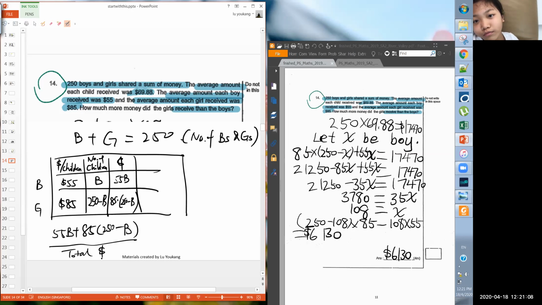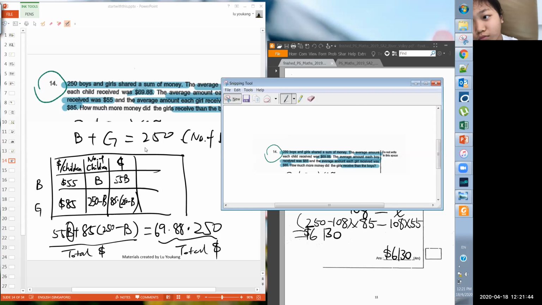And this total amount of money should be equal to the average amount each child receives, 69.88, times 250. So this will also give you the total amount, right? Once you have this, then you just need to solve for your B.